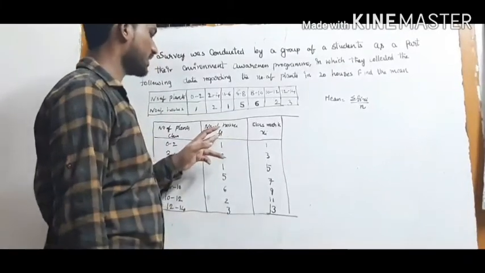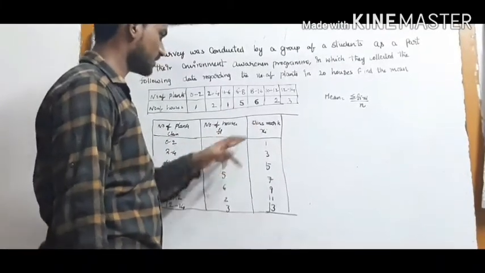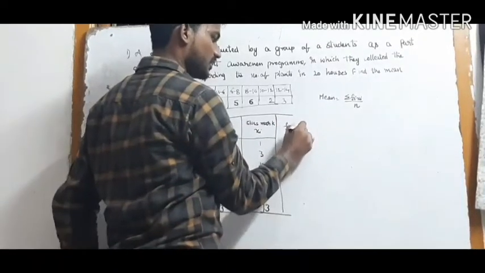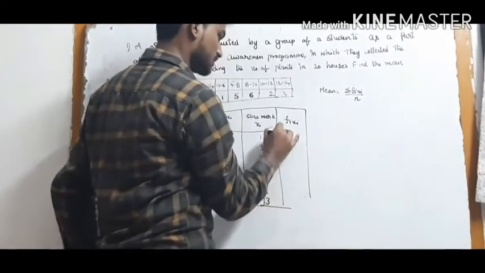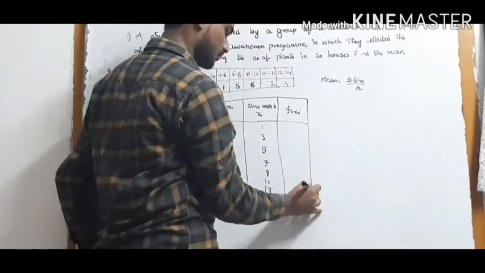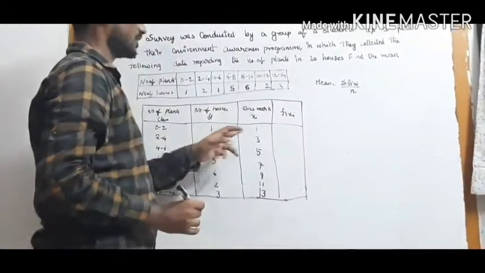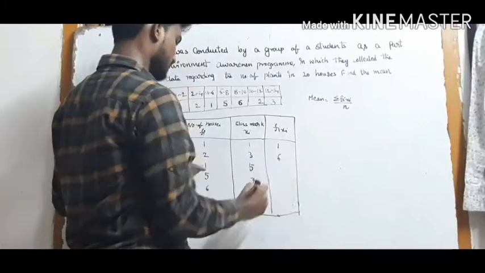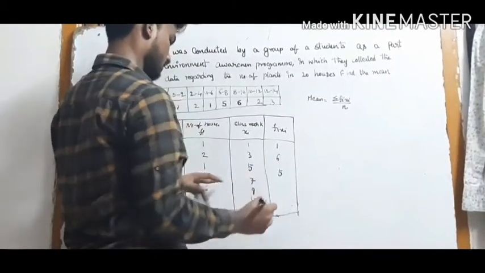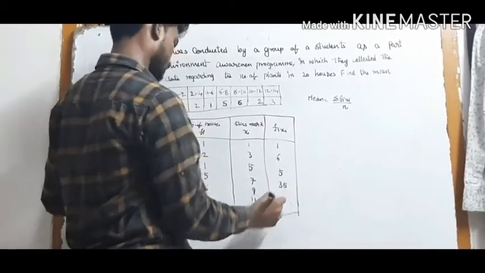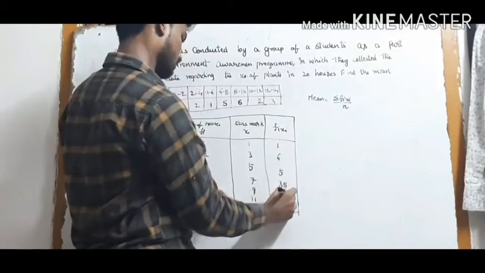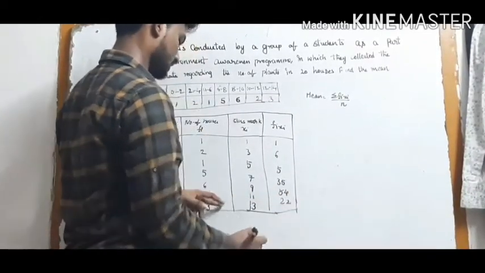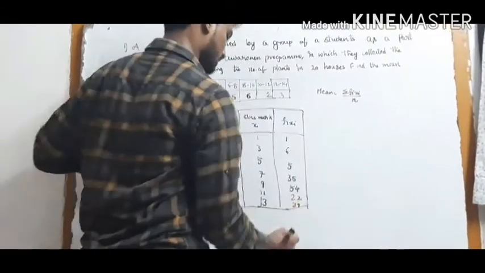We want to find Fi xi: 1 into 1 is 1, 2 into 3 is 6, 5 into 1 is 5, 5 into 7 is 35, 6 into 9 is 54, 2 into 11 is 22, 3 into 13 is 39.